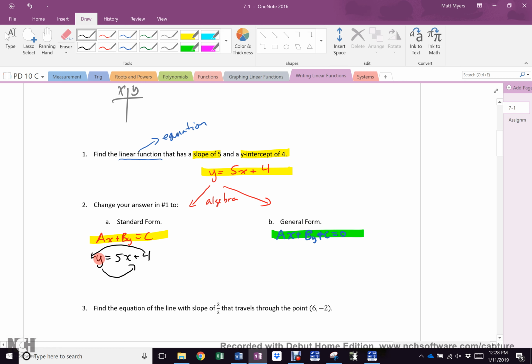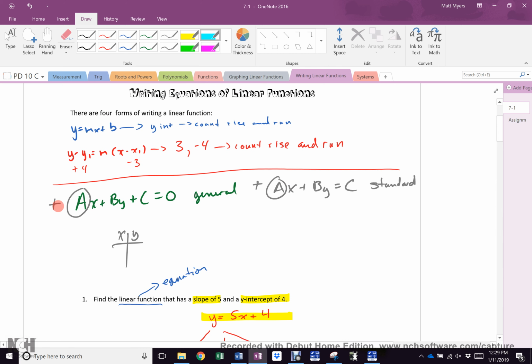What happens to that y when it comes over here? Minus y. What happens to that 4 when it comes over here? Negative 4. Now, Suhani is going to say, but that doesn't look like that. Why didn't you just move the 5x? Because then the 5x would be negative, and we're not allowed to have negative a's, which is why I just made a big deal of that right here.